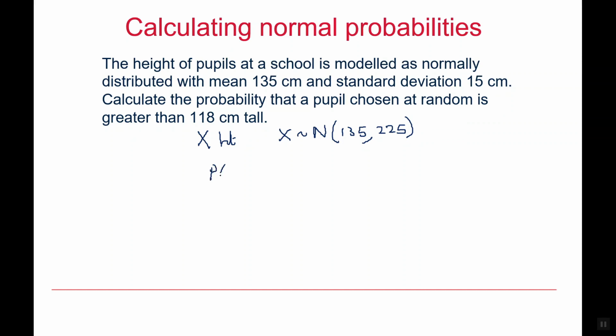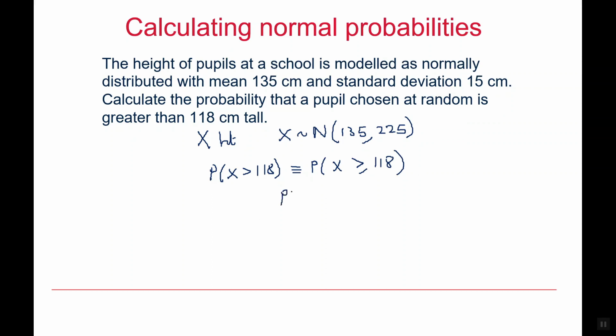And we want the probability that a pupil chosen at random is greater than 118, so the probability x, the height, is greater than 118, and it's worth noting that that is exactly equivalent to the probability that x is greater than or equal to 118, and that's very different to the situation that you encountered when you looked at discrete random variables. Those two probabilities would be different in that case.